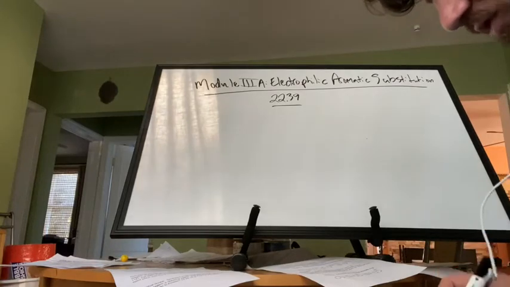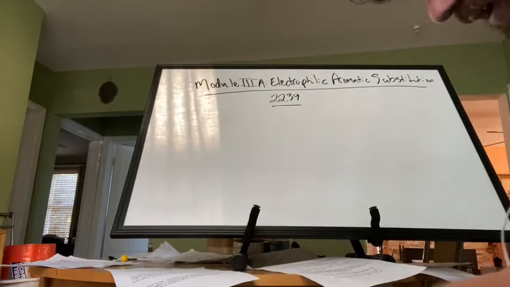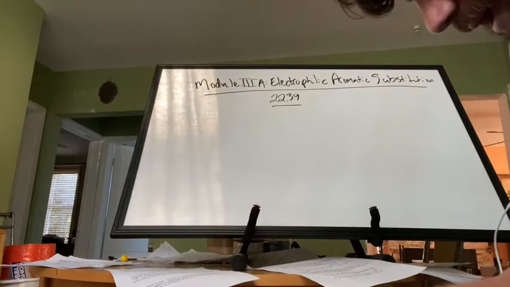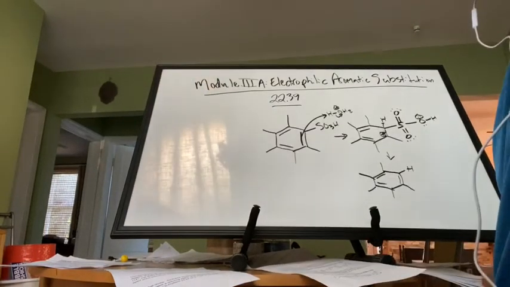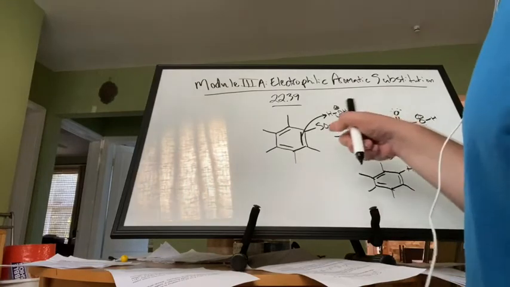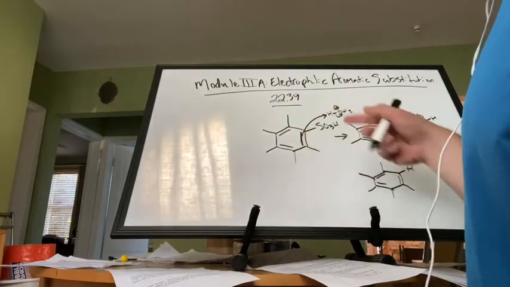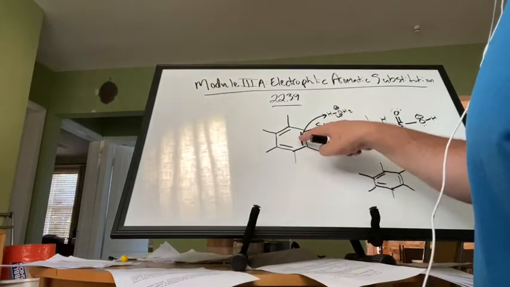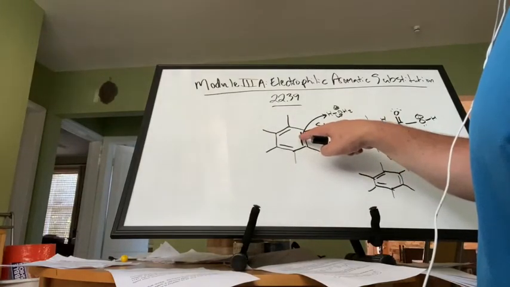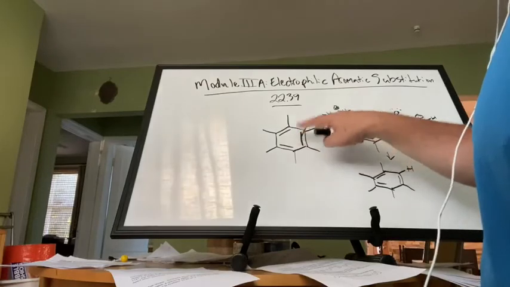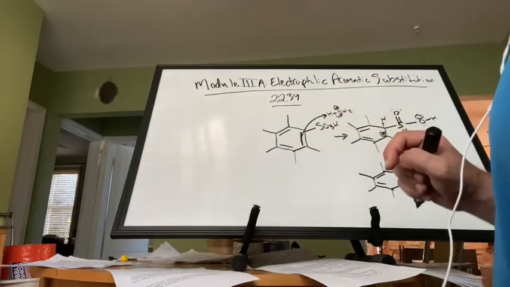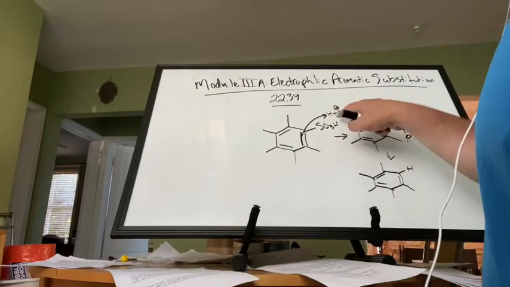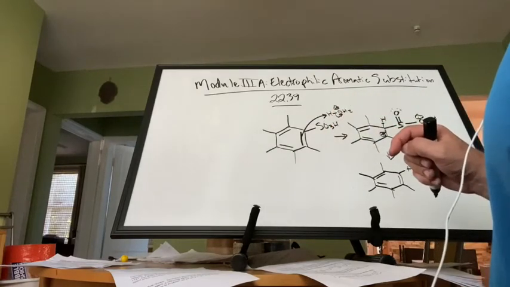Okay, so it says draw the mechanism and the major organic products. So we're just going to do A. Okay, so the first step for desulfonation, as it's referred, is one of the pi bonds comes out to coordinate to that hydronium ion, or H plus. Okay, so that water group leaves.